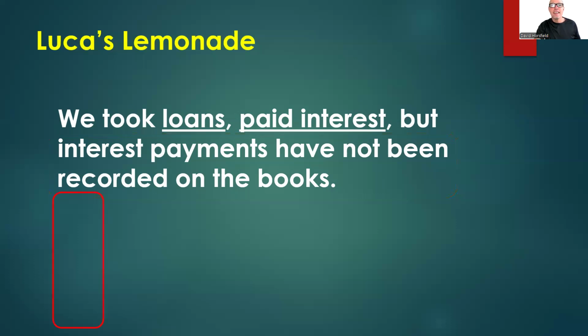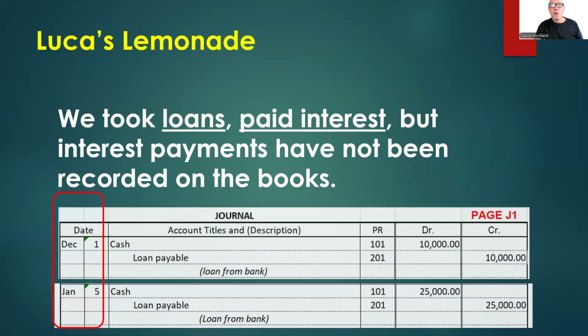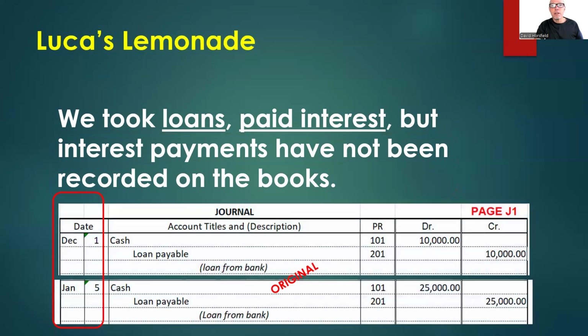So here's what was going on. Here's the original Luca's Lemonade bank loan transaction. On December 1, Luca had cash coming in for $10,000 because they took a loan payable for $10,000. On January 5, Luca's Lemonade had cash coming in, which is why it's debited for $25,000, and it picked up a loan payable.